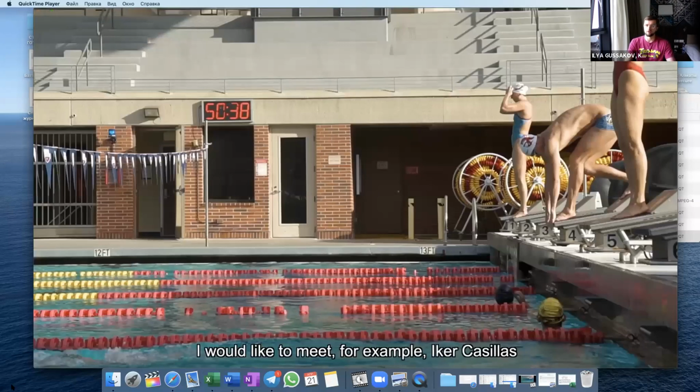This is the swimming pool of the University of Southern California in the United States, and we were training there for almost a year. Divers, high diving, were training next to us, and I asked them, what is the difference between your performance during practice and during competition? They answered that the level of their performance is almost equal.